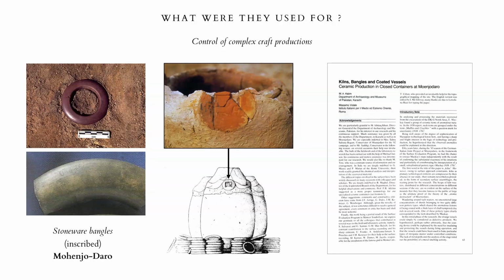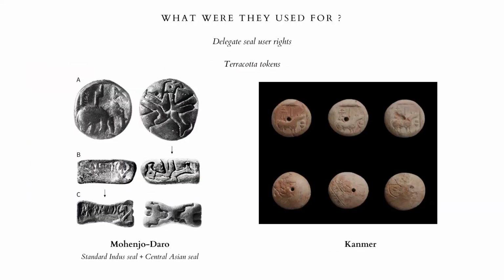Seals were used to create small tokens, probably to delegate sealing rights. Recent research suggests that these tokens functioned as formal credentials granting temporary authority, enabling individuals to authenticate goods or spaces on behalf of institutional offices.